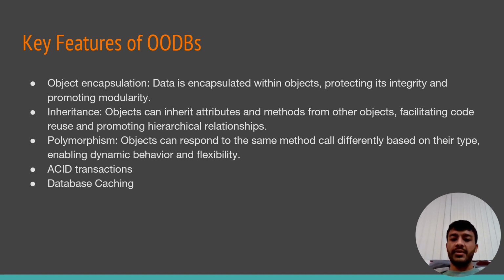In inheritance, objects can inherit attributes and methods from other objects, facilitating code reuse and promoting hierarchical relationships, as we just saw in the previous example. In polymorphism, objects can respond to the same method call differently based on their type, enabling dynamic behavior and flexibility. It also has ACID transactions and database caching.